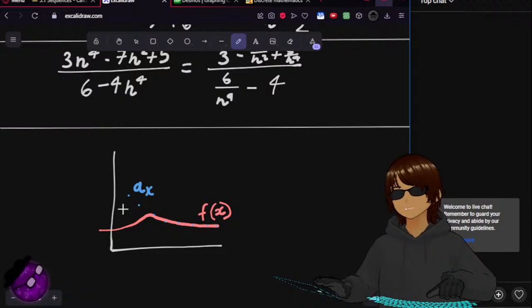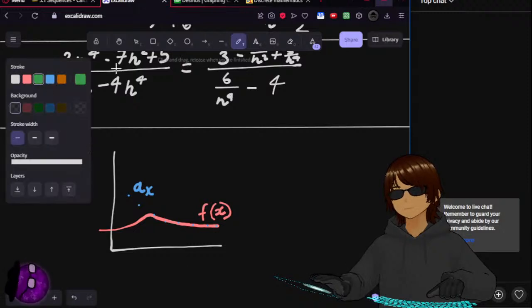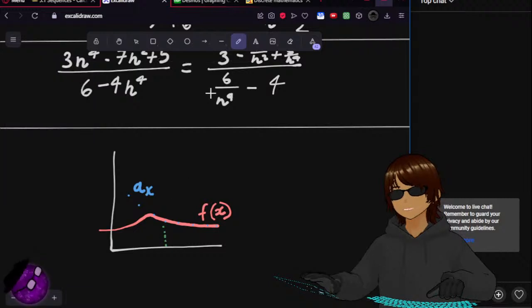Over here the function is not defined for values of a_n, but later it does. So let's draw a dashed line.